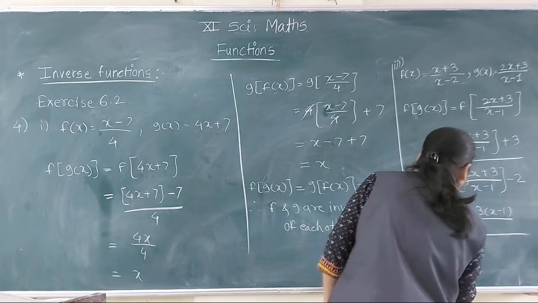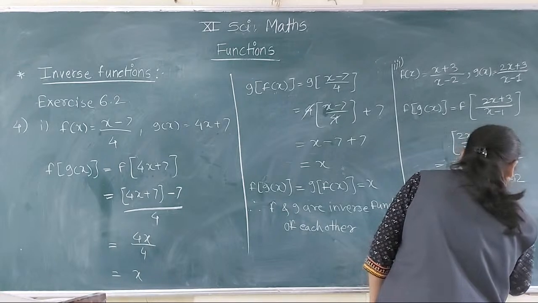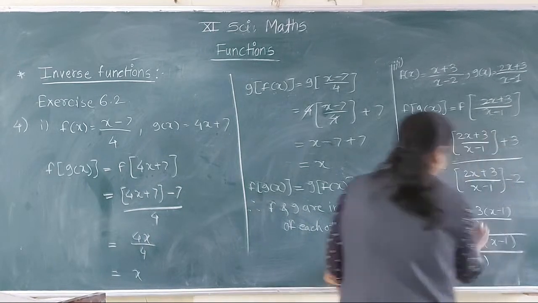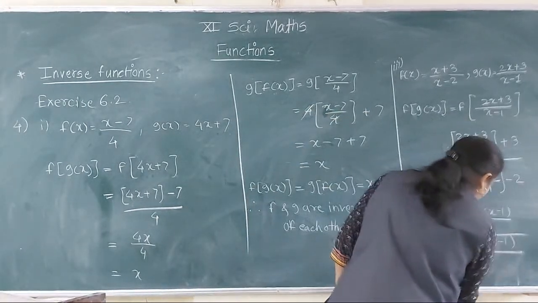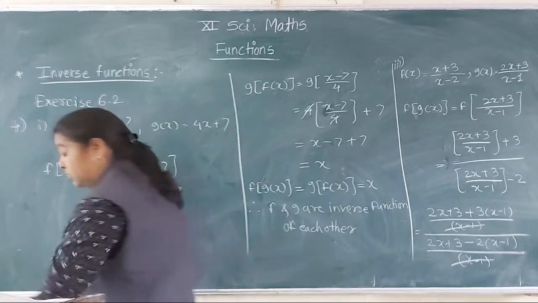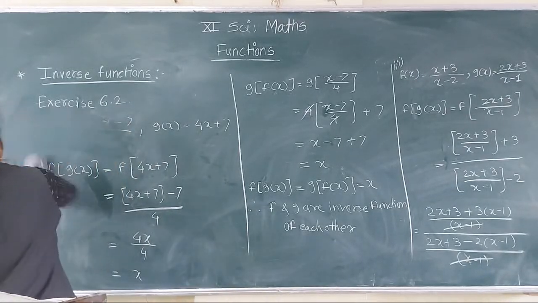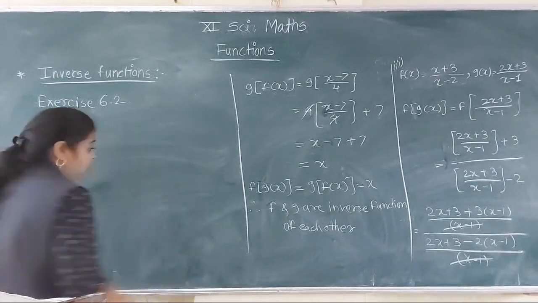So by 2x + 3 minus 2 into x minus 1 upon x minus 1. So we know that denominator चा denominator पुन्हा सेम असेल तो एकमेकांना कॅन्सल होतो. सो याचा डिनोमिनेटर न्यूमरेटरचा डिनोमिनेटर आणि डिनोमिनेटरचा डिनोमिनेटर सेम आहे. सो इट विल बी कॅन्सल आउट.